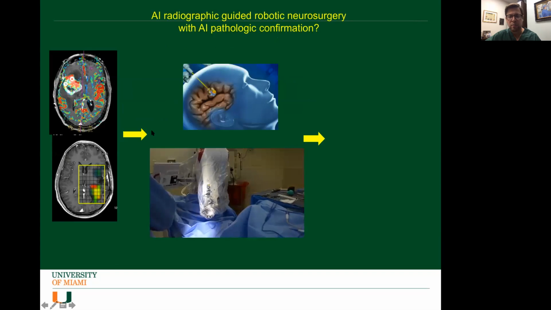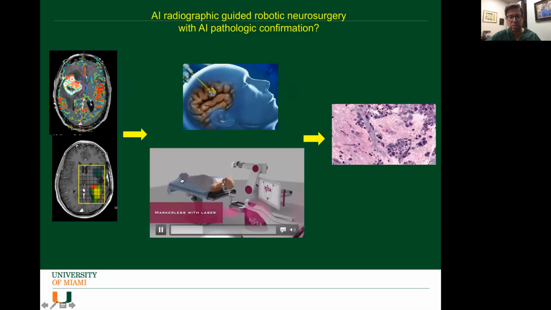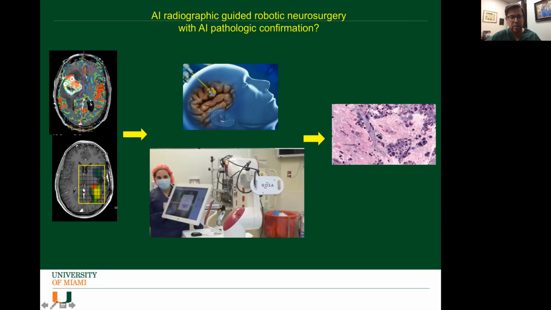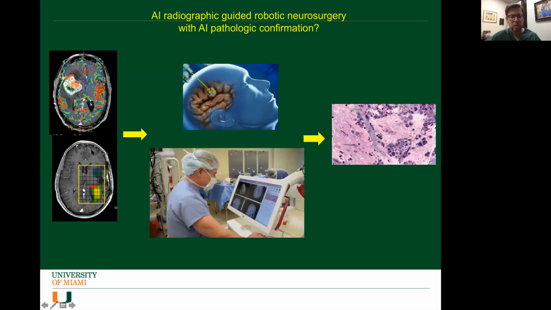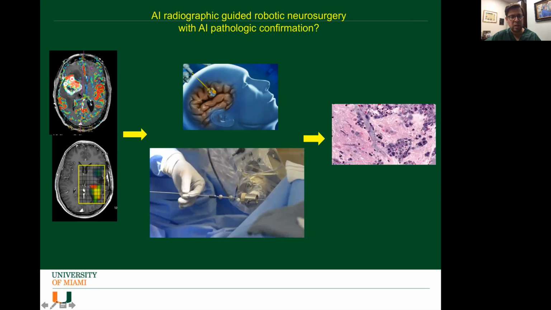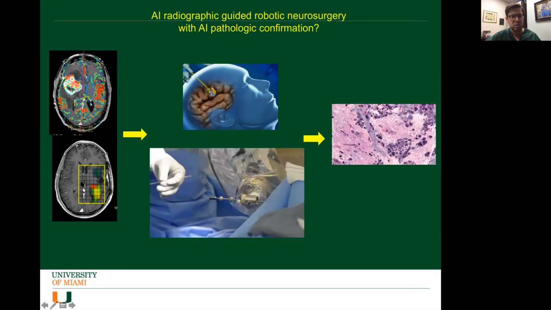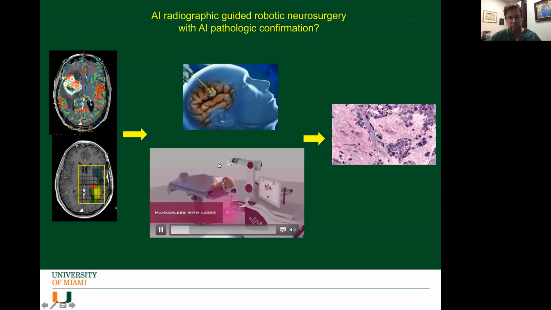So where do I see the future of artificial intelligence in neurosurgery? Well, we can apply these deep neural networks already to radiology. This has already been shown in breast cancer and head and neck cancer to identify areas of hotspots within the tumor. Imagine the patient goes intraoperatively to an intraoperative MRI, and AI identifies exactly the most likely place to find the tumor. The patient then gets robotic sampling, which we already know how to do, to that location itself.